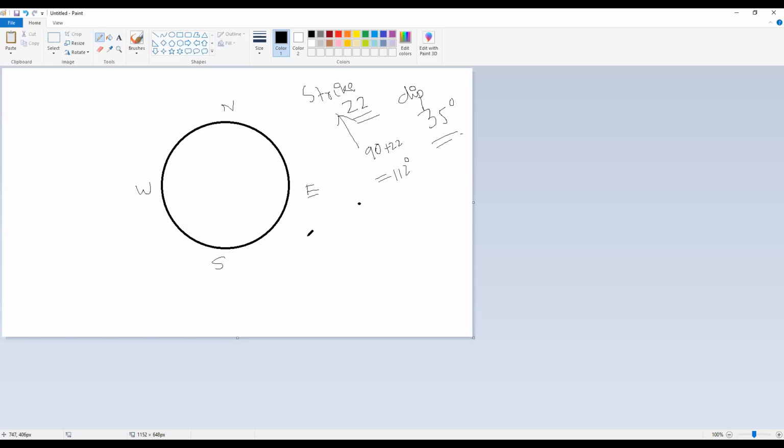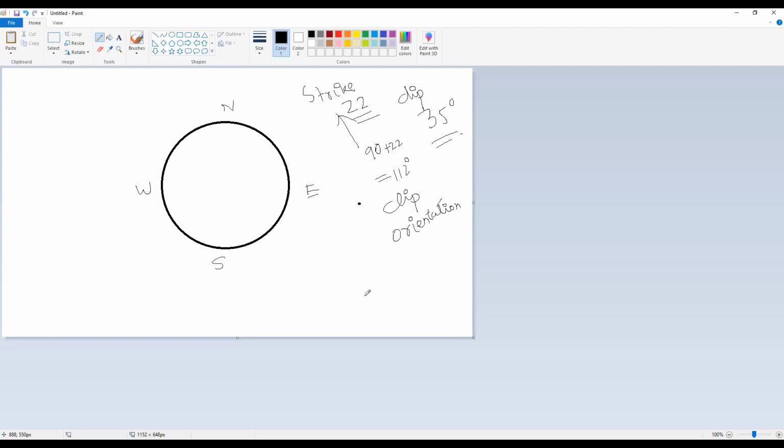Dip orientation. Is it clear? Dip and strike are always perpendicular to each other.